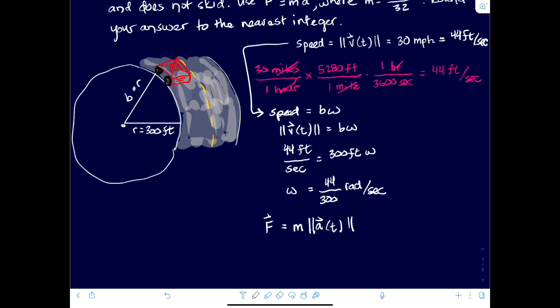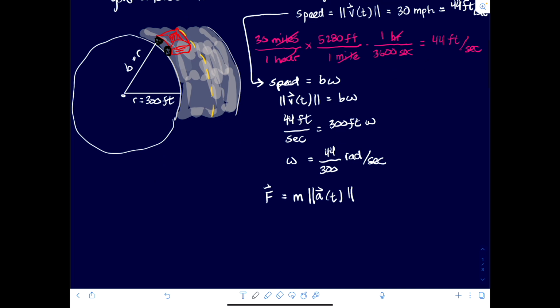Well, the magnitude of the acceleration vector is also equivalent to b times omega squared. Again, we derived that in our last video, circular motion 1, right? Well, we know all these things.